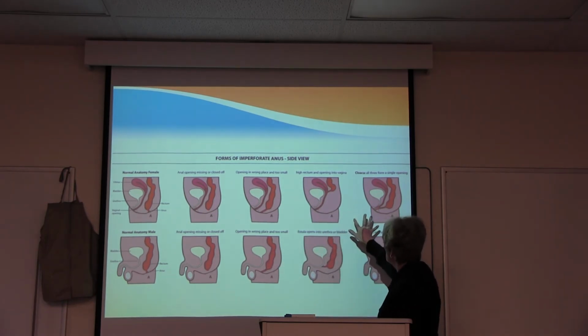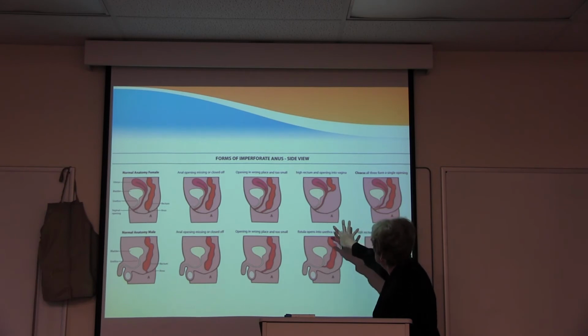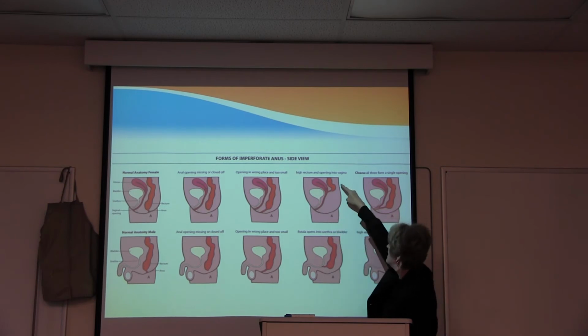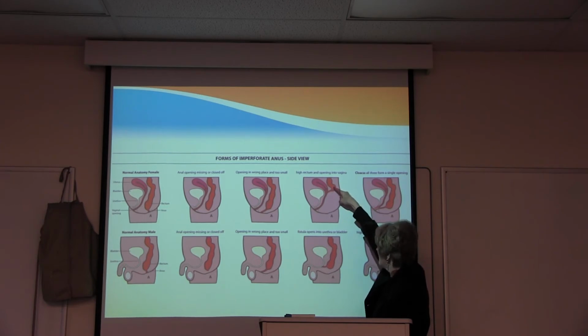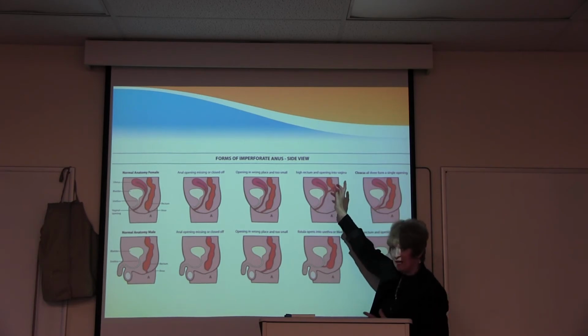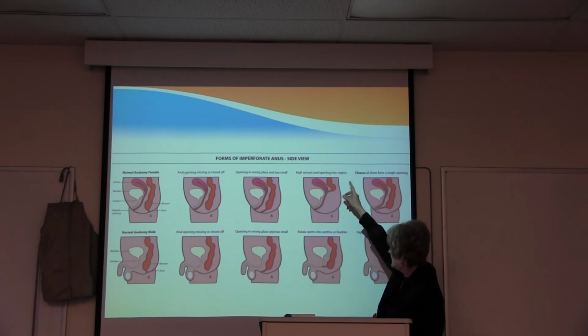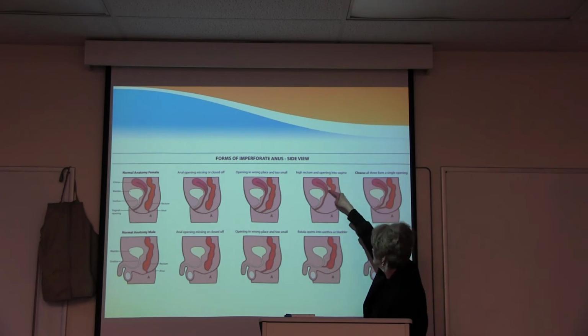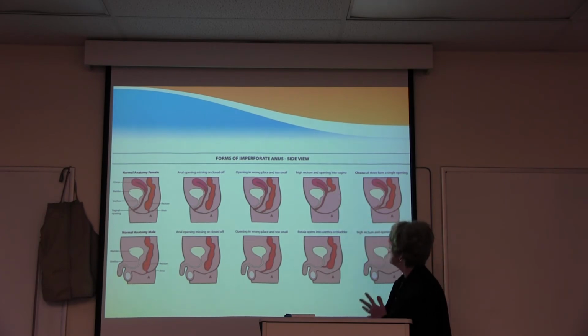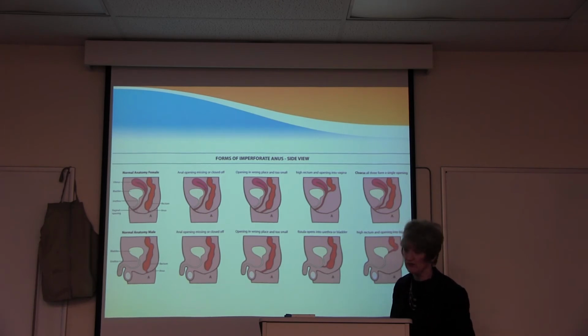And then these are your more serious issues. Here you can see that the distal rectum and anal canal did not form. Instead, the bowel ends in a blind pouch or ends in a fistulous tract. In girls, the fistula goes to the vagina, and in boys, it typically goes to the urethra. So boys are passing stool urethrally, girls are passing stool vaginally.